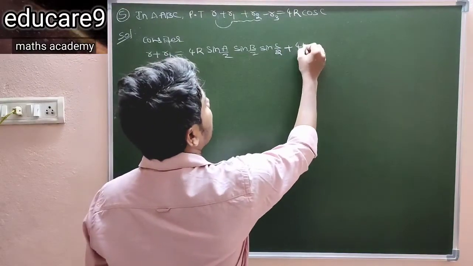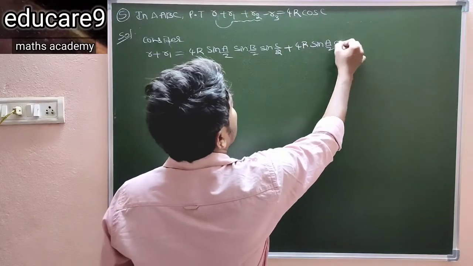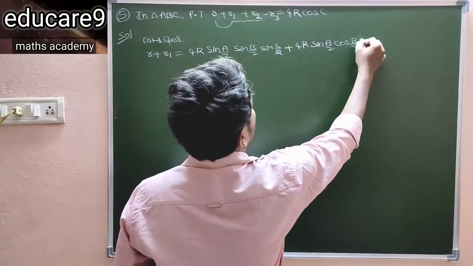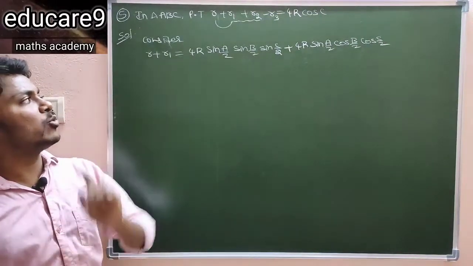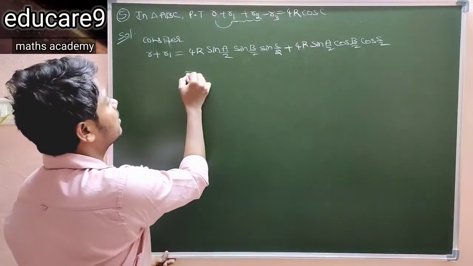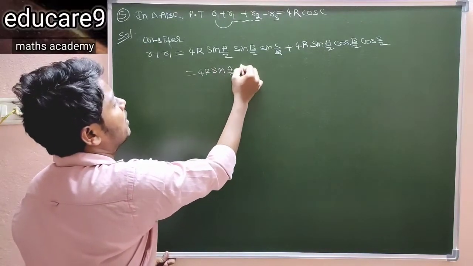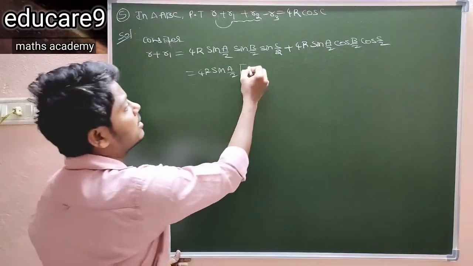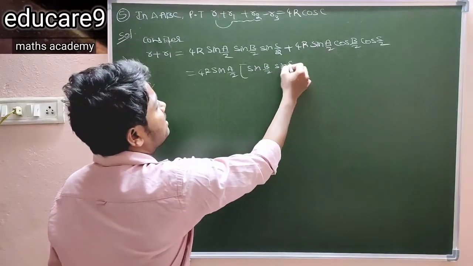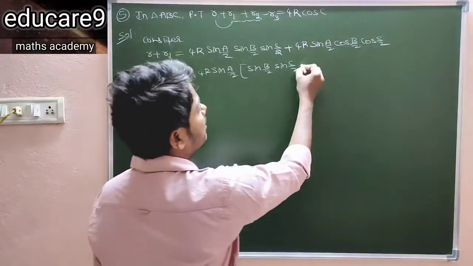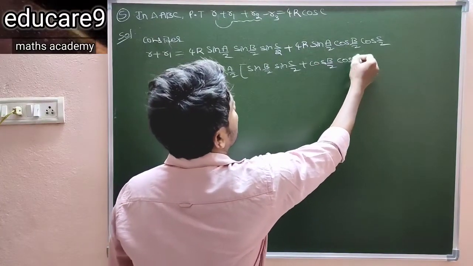That is 4R sin A by 2 cos B by 2 cos C by 2. So clearly in both terms 4R sin A by 2 is common. So what you get? Sin B by 2 sin C by 2 plus cos B by 2 cos C by 2.